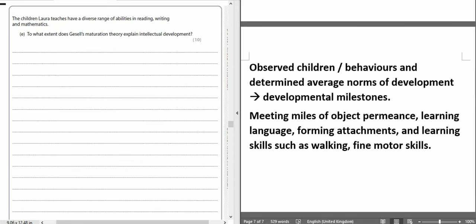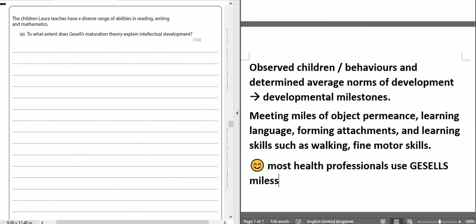Now, with this question, we're looking at the idea that, as a strength, most health professionals use Gesell's milestones.